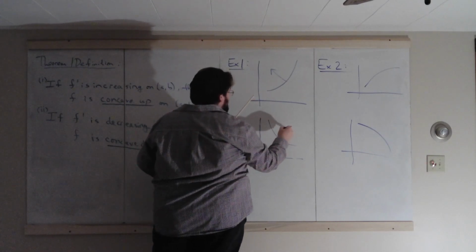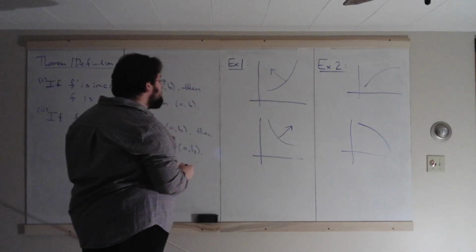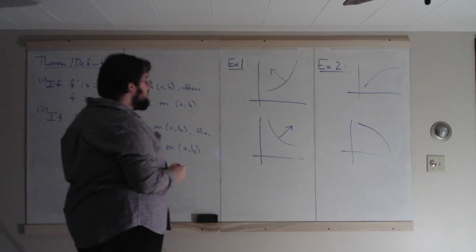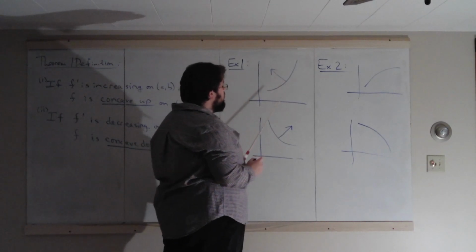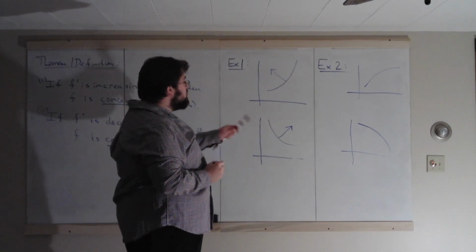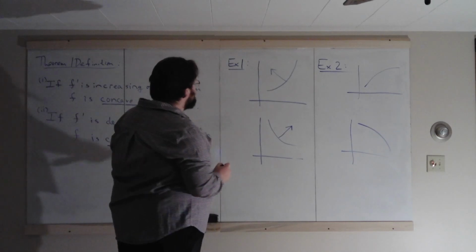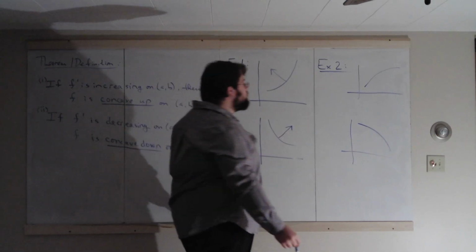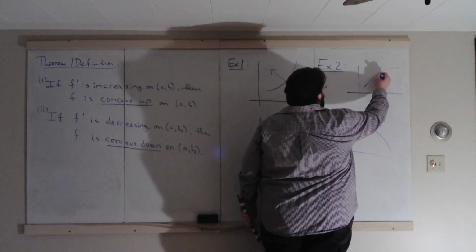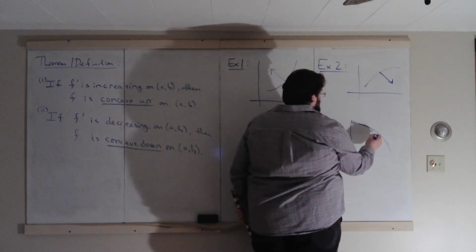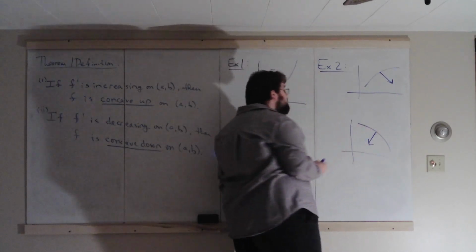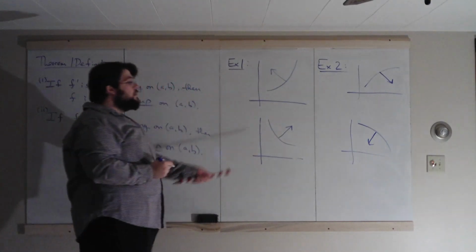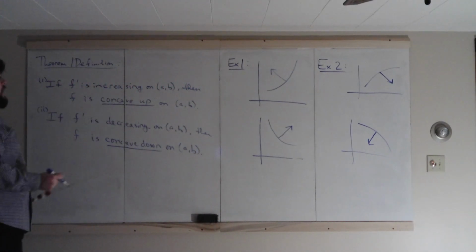Over here, the caved-in portion is pointing in that direction, and those are both not pointing downward, they're pointing kind of upward, so we say concave up for those first two graphs. And here the caved-in portion is going in that direction, and here the caved-in portion is going in that direction, and both of those are pointing down.